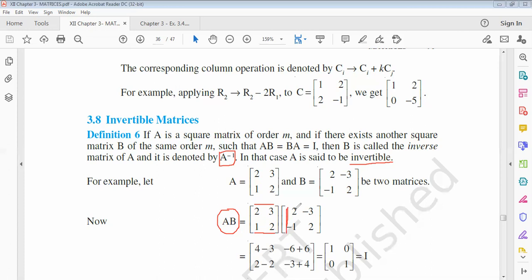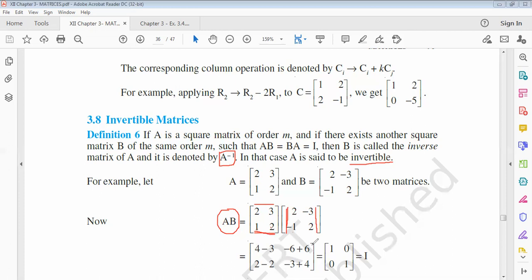So it is 1 into 2, that is 2, and 2 into minus 1 is minus 2. Then the second row elements are multiplied by the second column. So it is 1 into minus 3, it is minus 3, then plus 2 into 2, it is 4.